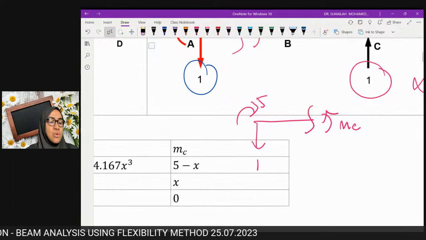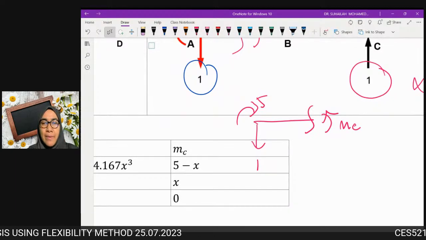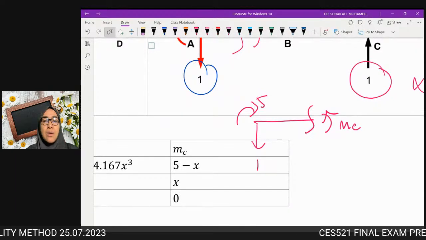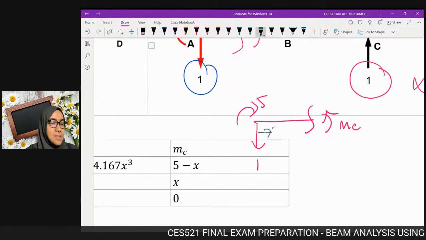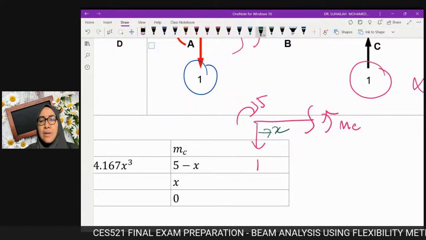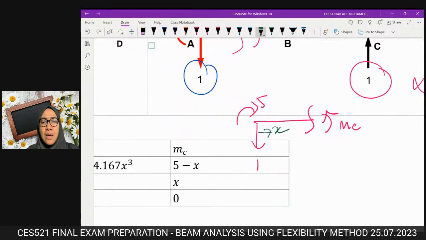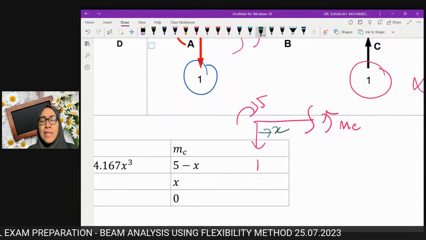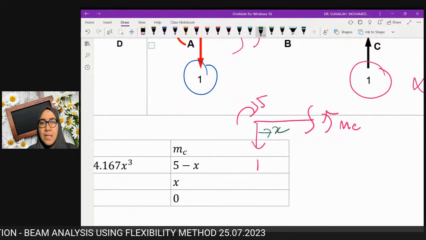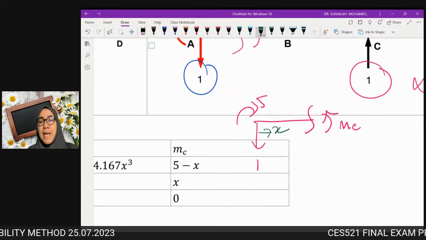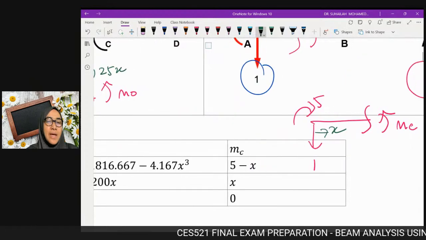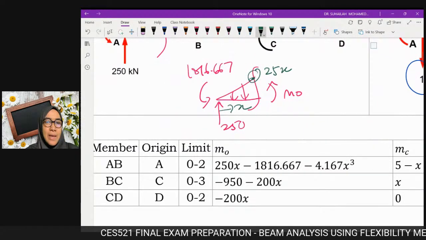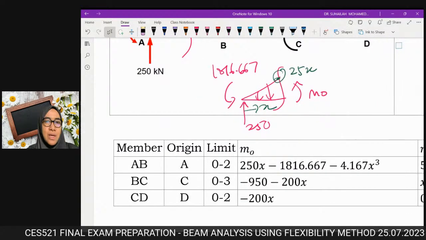Having this free body diagram of the cutting section, x starts at A, so it is 5 minus x. It is negative m plus m minus x, so it is 5 minus x. That is for AB.